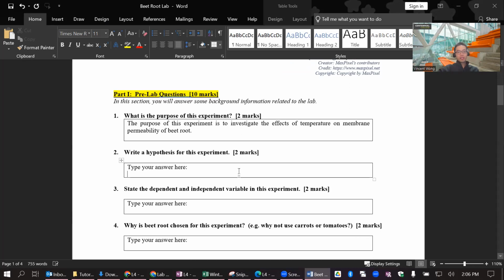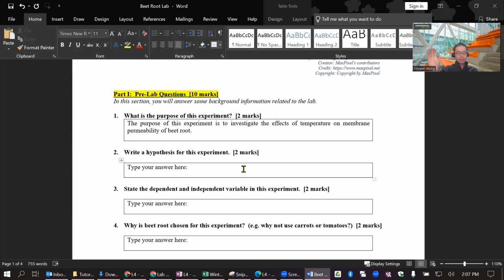Write a hypothesis for this experiment. Many people lose marks here because of 2 reasons. Number 1, a hypothesis is not a question, it's a statement. So when you write a hypothesis, make sure it is a statement. Don't give another question. Don't say, will the temperature affect the membrane permeability?